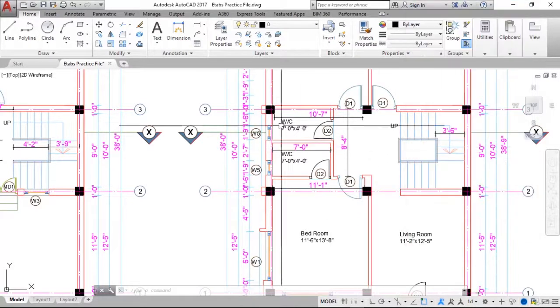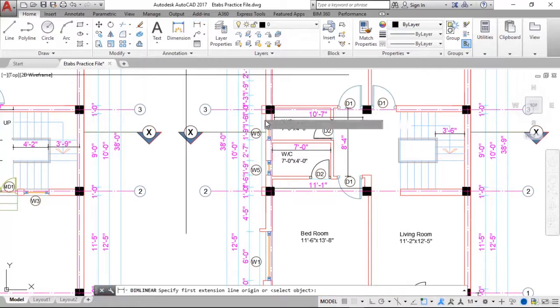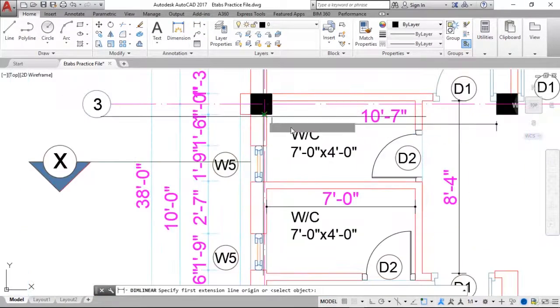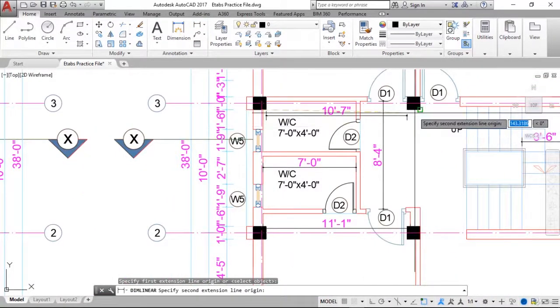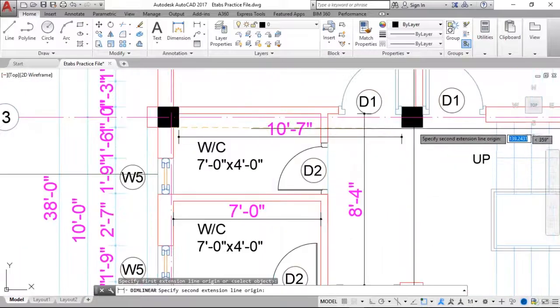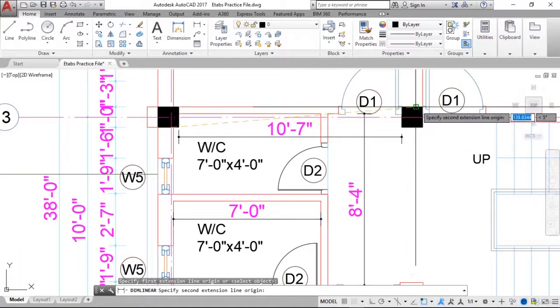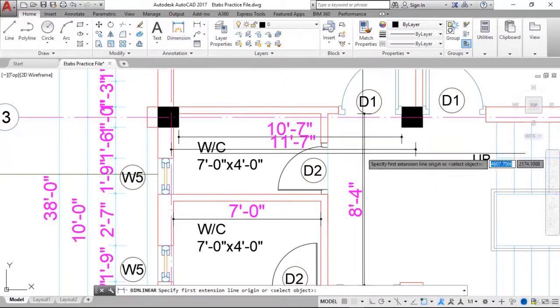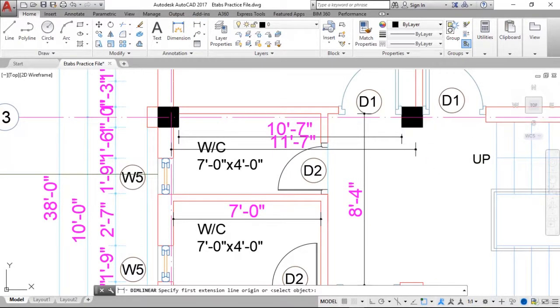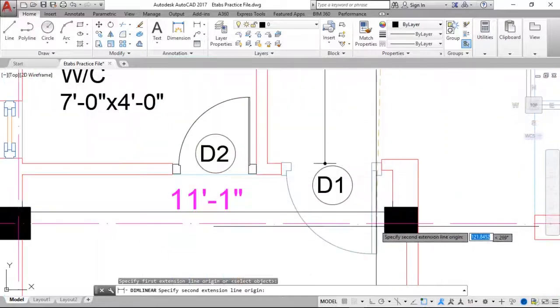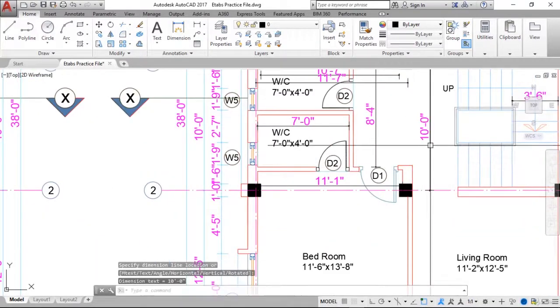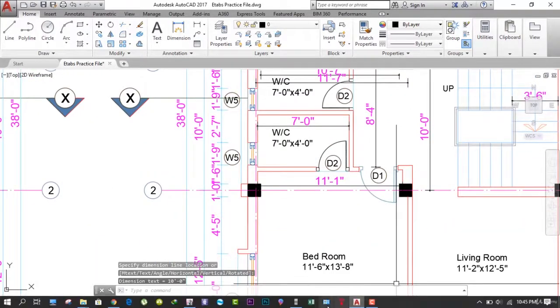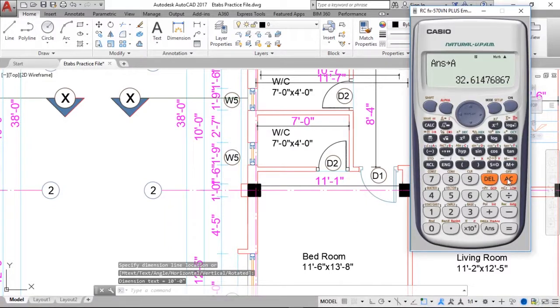So after that, we find the area of this slab. Okay, so we take the dimensions from here up to here, you can take almost center to center. So we'll take roughly 11 feet and 7 inches, and from here up to here, 10 feet. Okay, so let's convert these values into meter square, right?